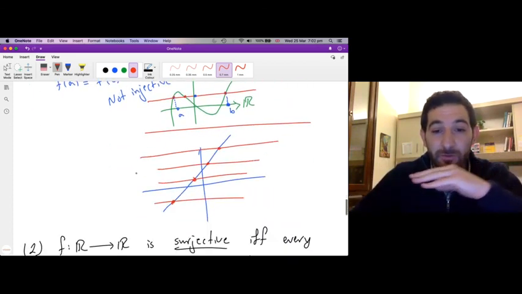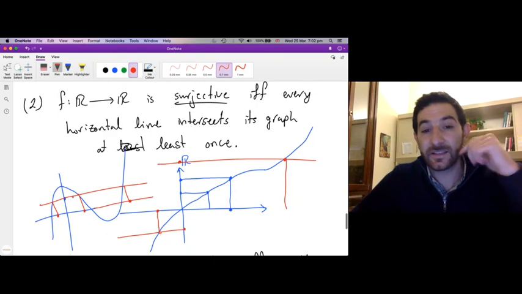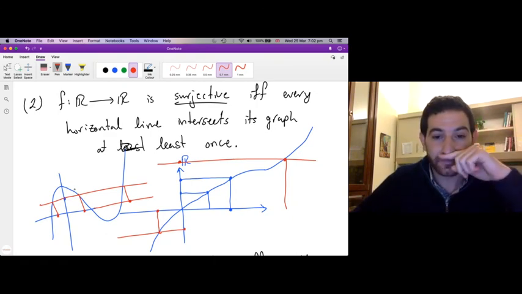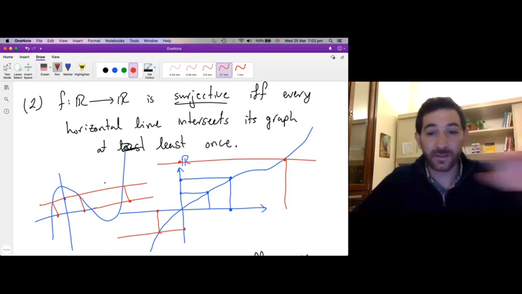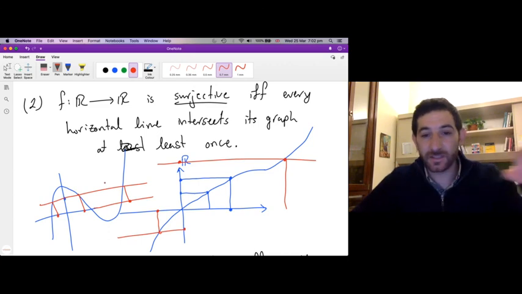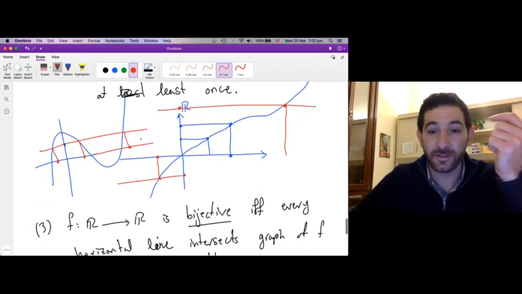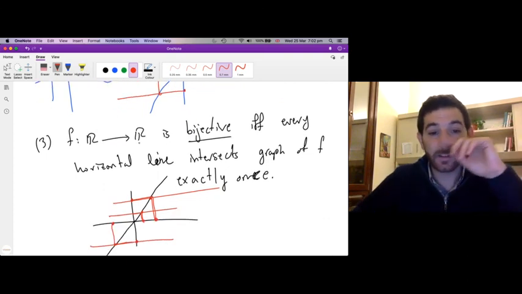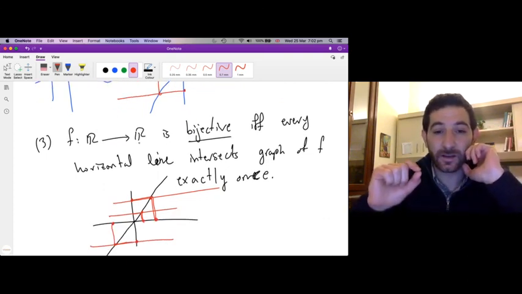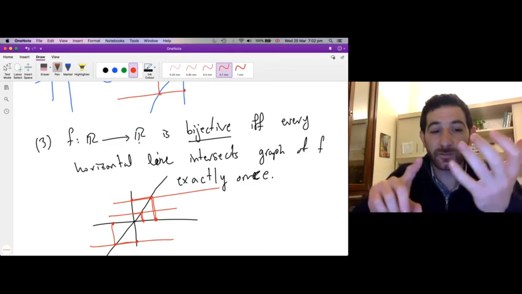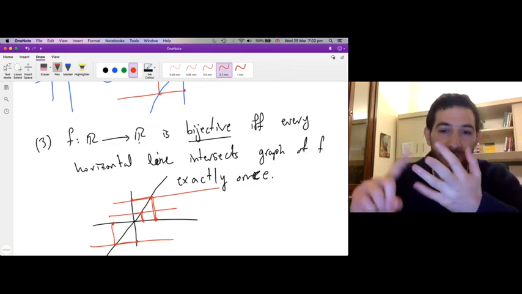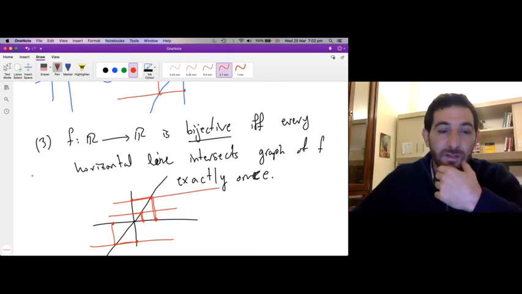If every horizontal line intersects the graph at least once, then it is surjective. If every horizontal line intersects the graph of the function exactly once, then this function must be injective and surjective, which means it's bijective.